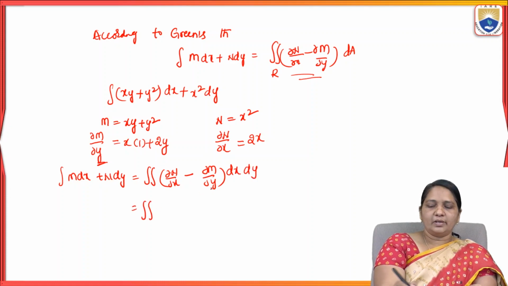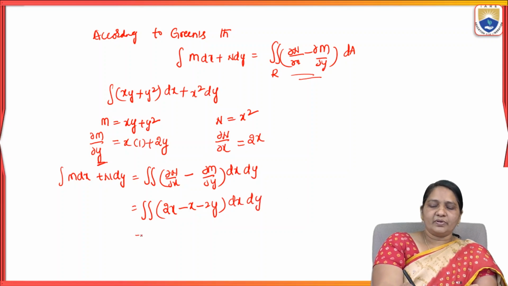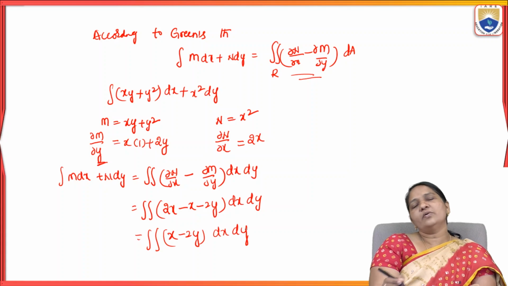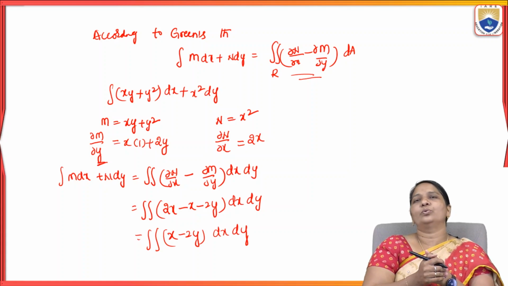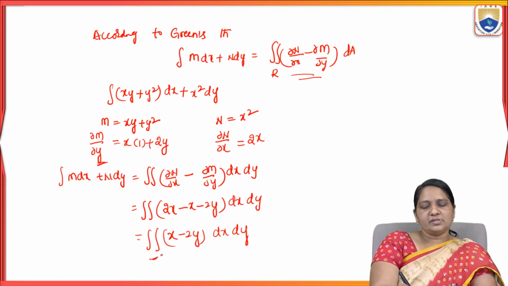Now the double integral, dou n by dou x value is 2x minus dou m by dou y value, x plus 2y, into dx dy. Now we are going to simplify this. Double integral, 2x minus x is x, so x minus 2y into dx dy. This is the final value after calculating the m, n and dou n by dou x and dou m by dou y. Now we are going to integrate this integral.